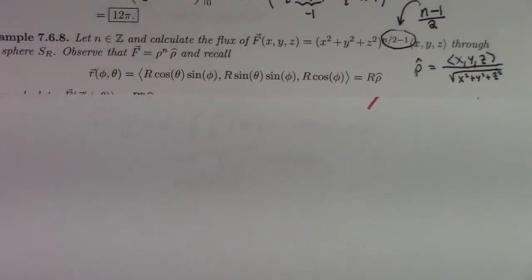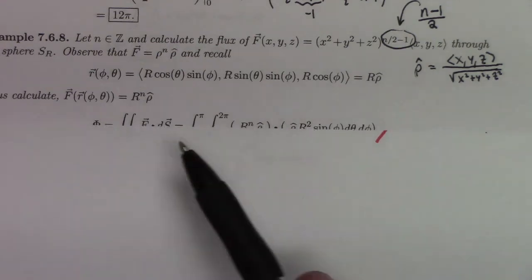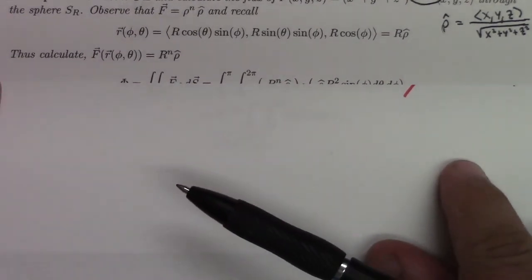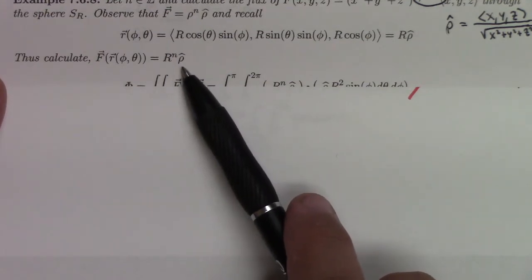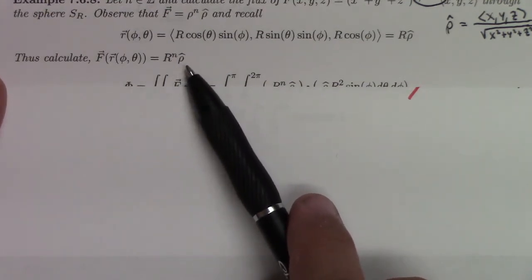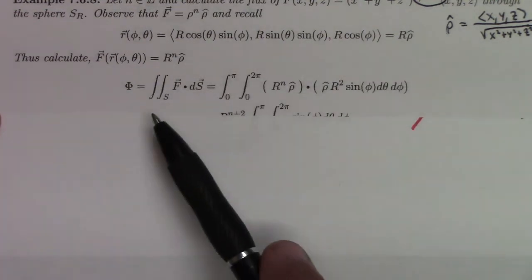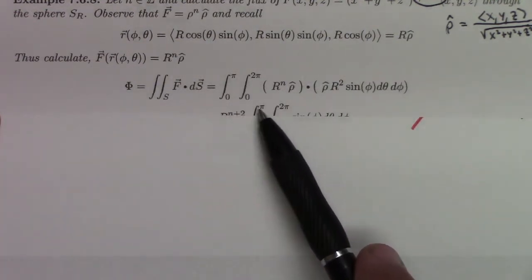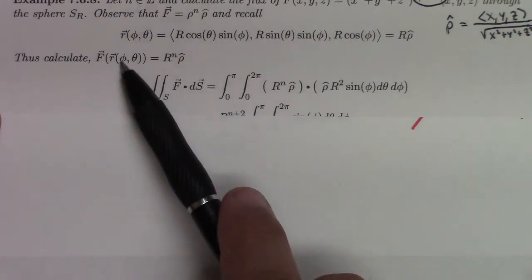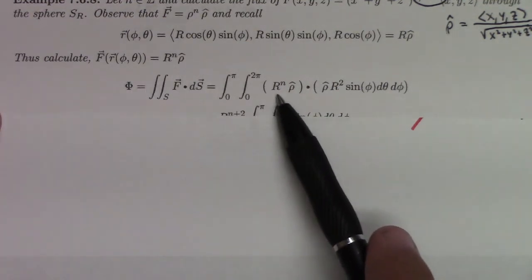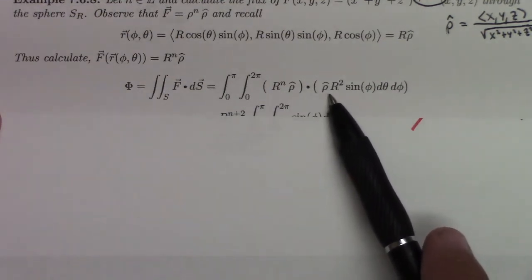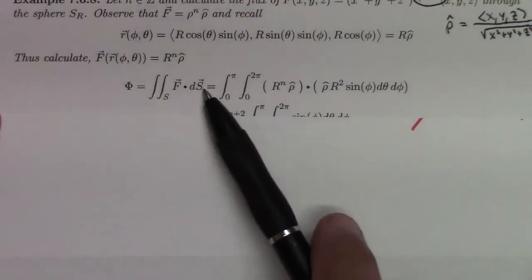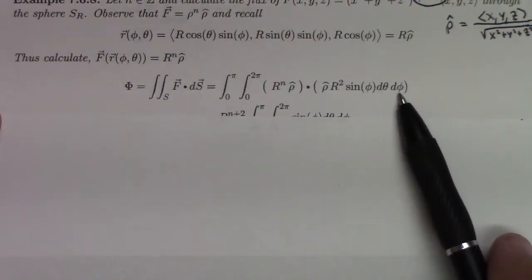All right, so that's my parameterization, right? And so if we evaluate the vector field at the parameterization, we just get r to the n times rho hat. So that's kind of cool. To calculate this flux integral of f dot dS, we evaluate the vector field at the parameterization, which this time is r to the n rho hat, and then take the dot product with the dS vector, which is rho hat r squared sine phi d theta d phi.